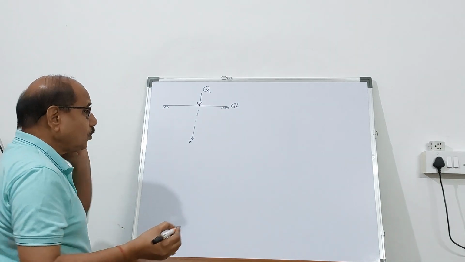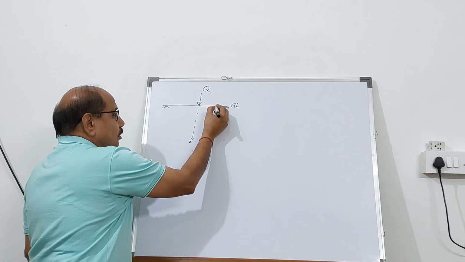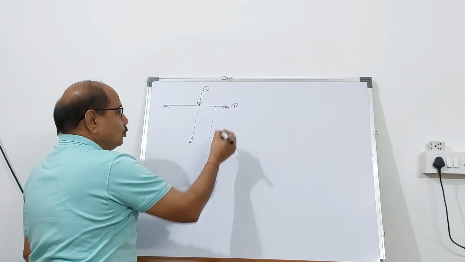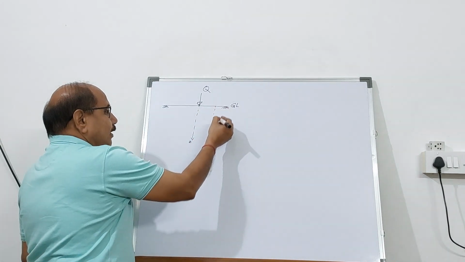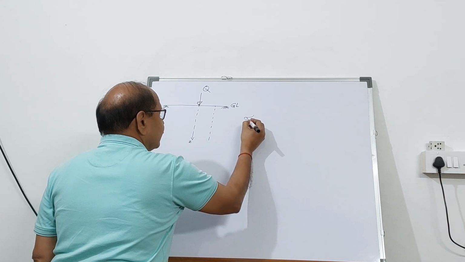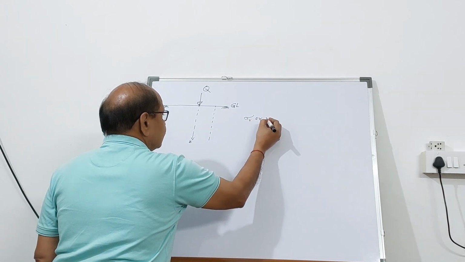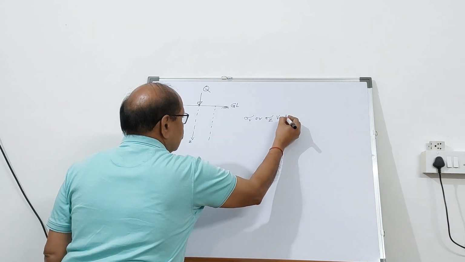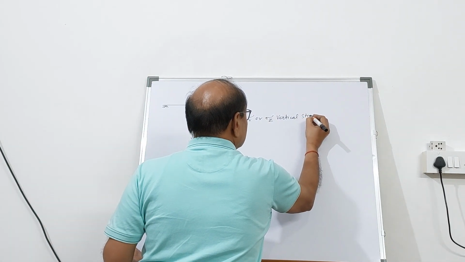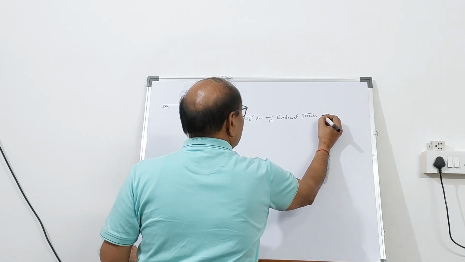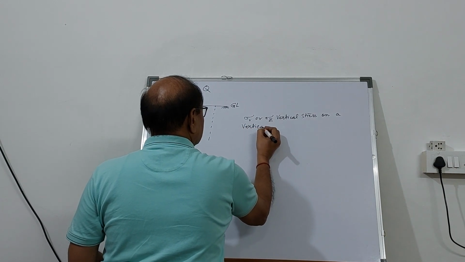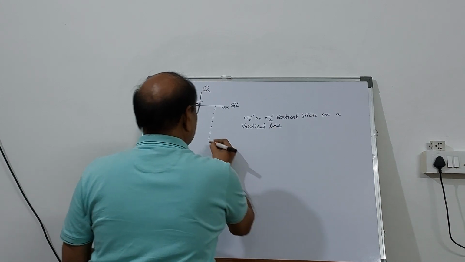Now, on any vertical plane or on a vertical line, if I want to calculate the vertical stresses, so I want to calculate sigma V or sigma Z, the vertical stress on a vertical line, as shown in the figure.